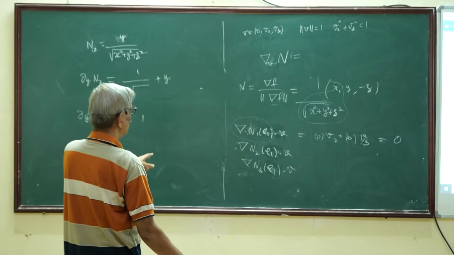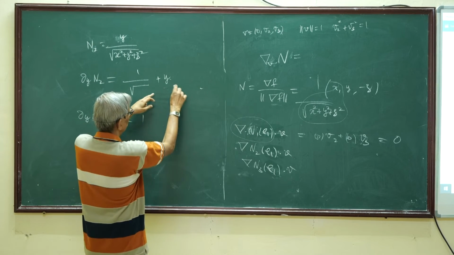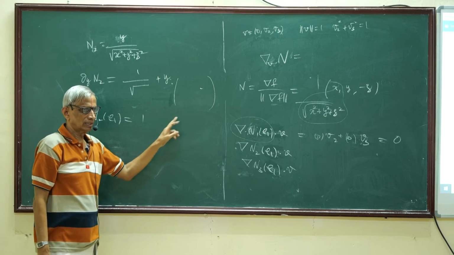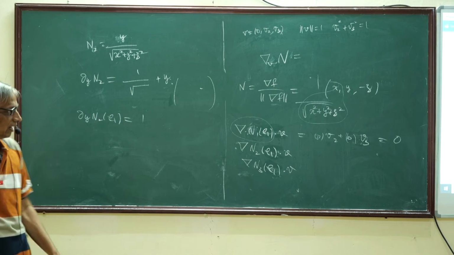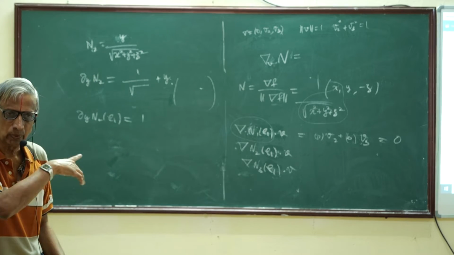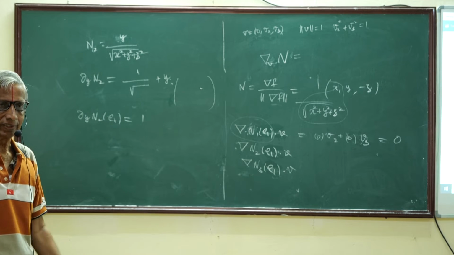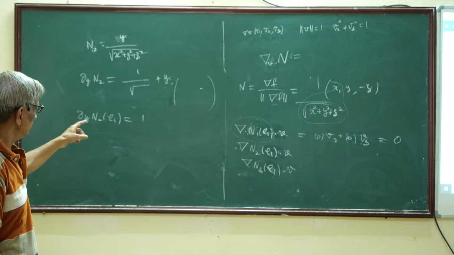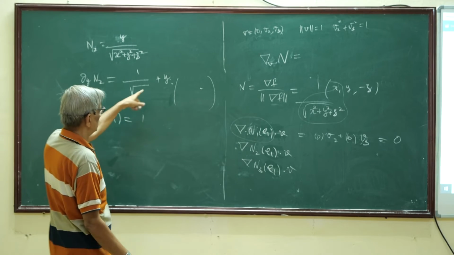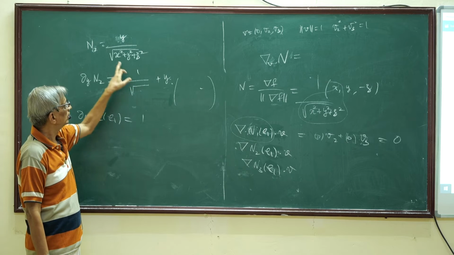When you evaluate at (1, 0, 0), all these terms will go off, whatever you have here. You have to differentiate something, just like we did earlier. Okay? You will have again y by square root of that, power 3 by 2 in the denominator and so on. But when you evaluate at (1, 0, 0), that will go off. So only this term will give you non-zero, just 1.